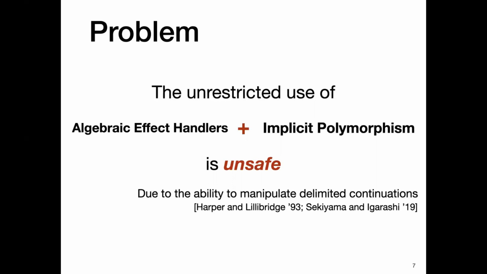This is because algebraic effect handlers have the ability to manipulate delimited continuations, but the naive combination of the use of continuations and implicit polymorphism is known to be unsafe. So this is the problem we attacked in this work.